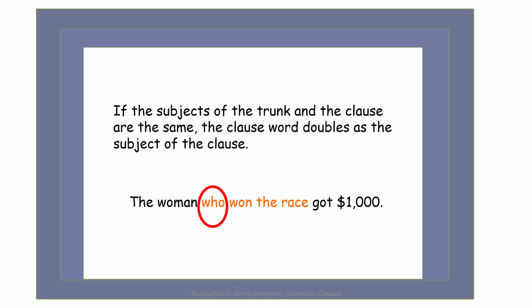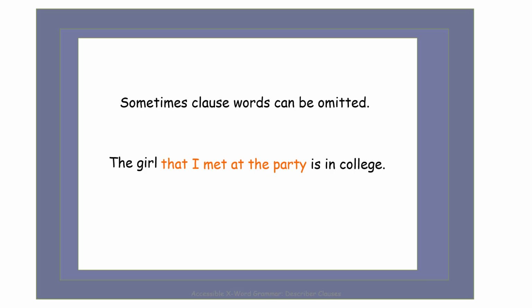If the subject of a trunk and the clause are the same, the clause word replaces the subject of the clause. The woman who won the race got $1,000. Who does double duty as clause word and subject. Sometimes that can be omitted. The girl I met at the party is in college.